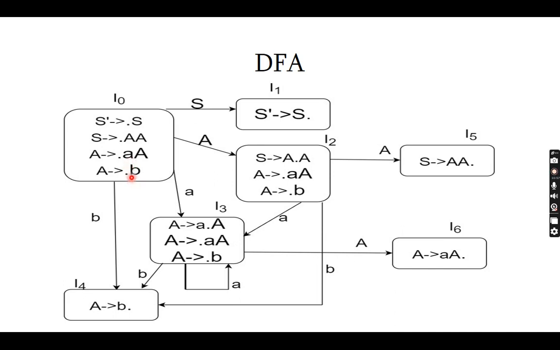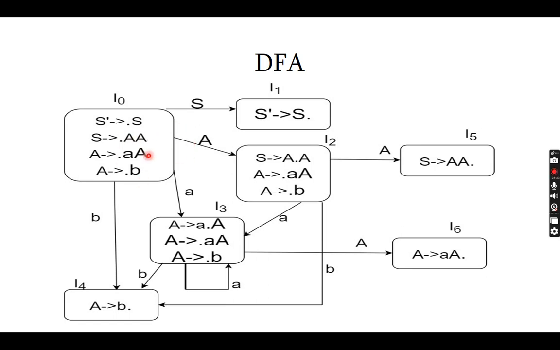This is called closure. You take the first production, put a dot at the beginning of the RHS, and whenever there is a variable next to the dot, you continue the same thing. That is called a closure.